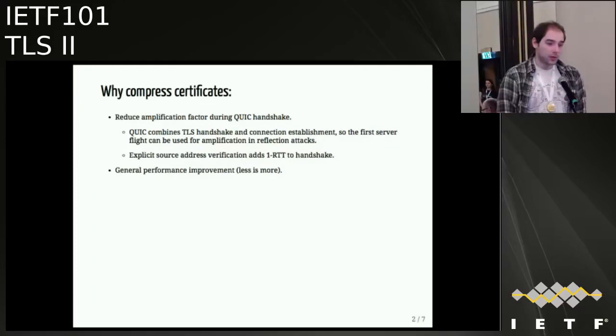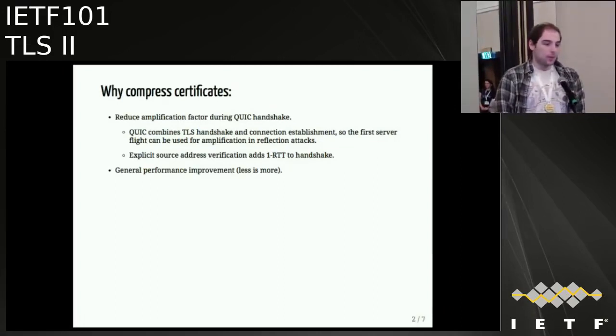We want to compress certificates for a couple of reasons. One is QUIC. QUIC handshake combines both the TLS handshake and connection establishment in the same mechanism. So it reduces the number of round trips required to establish a connection compared to TLS over TCP, but it also makes it very easy to mount reflection attacks with a fairly big amplification factor.